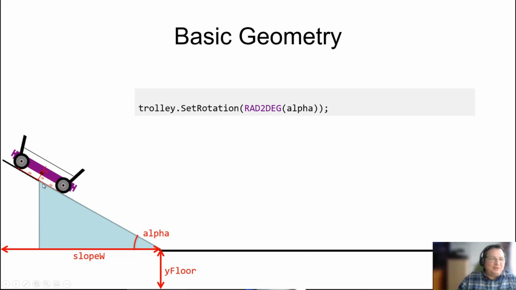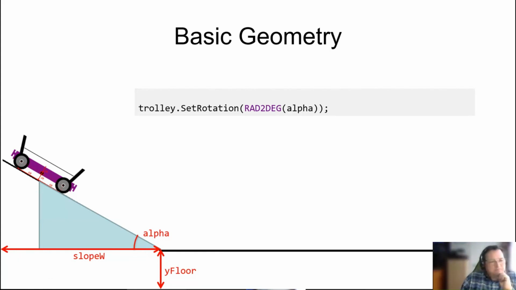If we know this distance here, this means that we will know the height of the trolley above the floor, and the position of the y coordinates of the floor is y floor. So the new y coordinate of the trolley must be equal to y floor plus whatever is the length of this. This is the opposite edge from the angle alpha.